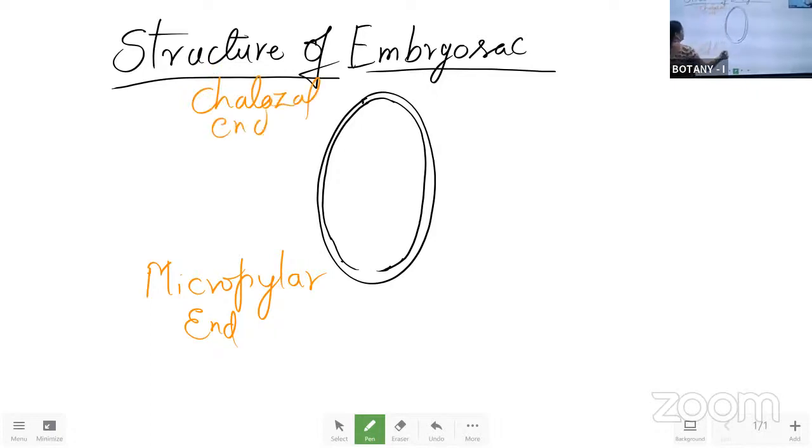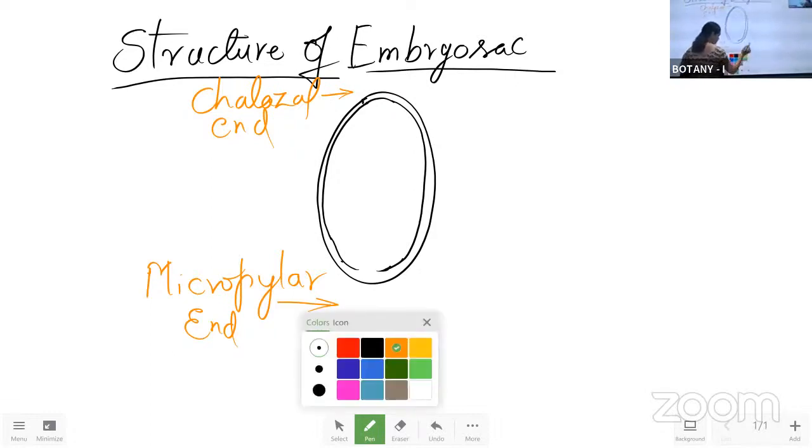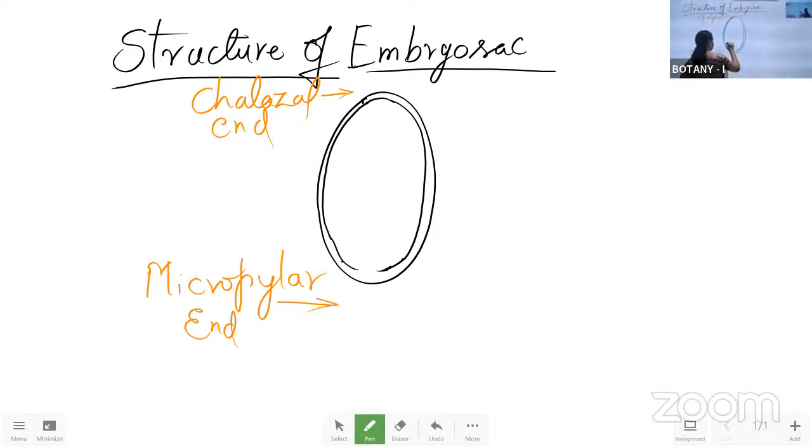If we know this, then we can go very easily in labeling as well as in describing this embryo sac structure itself. So here we have to draw the cells that are present in the embryo sac at the chalazal end and at the micropylar end.